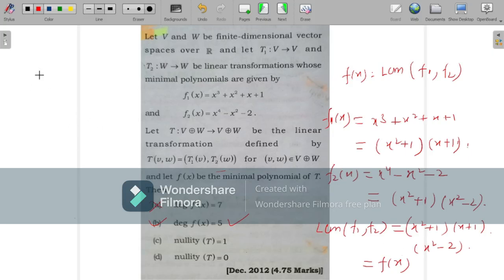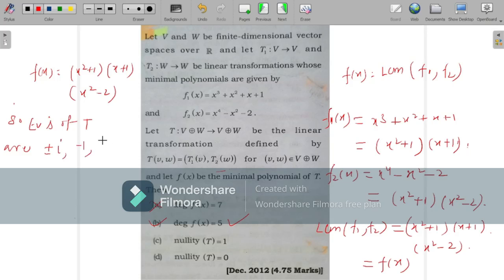The minimal polynomial f of x is given as x square plus 1 into x plus 1 into x square minus 2. So the eigenvalues of T are plus minus iota, minus 1, and plus minus square root of 2.